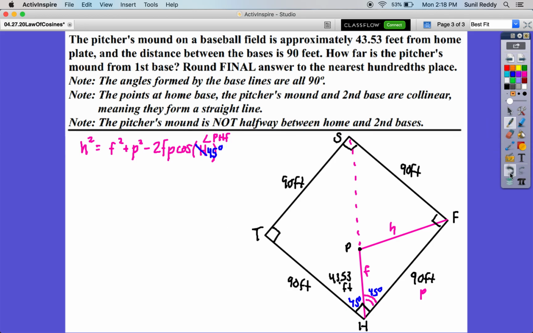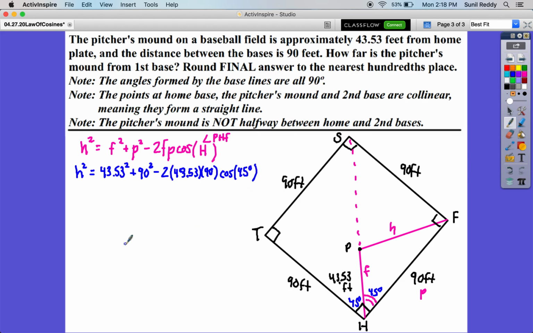And rather than crossing that out, let me just on the next line establish what we now know. So little h is what we're looking for, so that has to say little h. Little f is 43.53, which gets squared. Little p is 90, which gets squared. Subtract 2 times 43.53 times 90 times the cosine of H, which now we establish is 45 degrees.